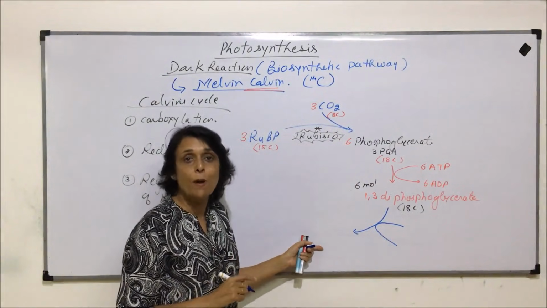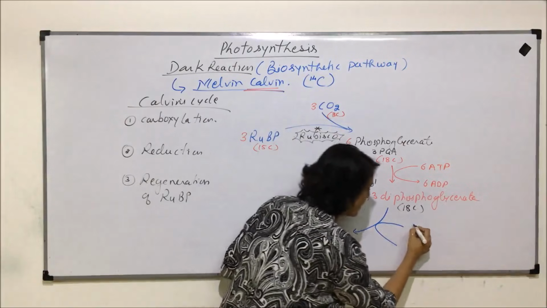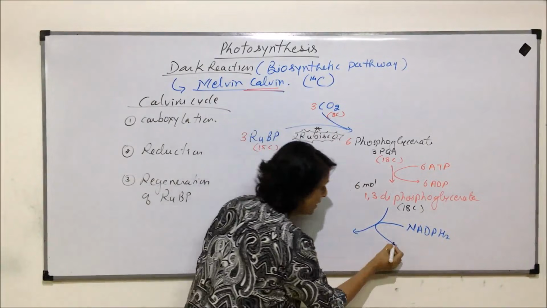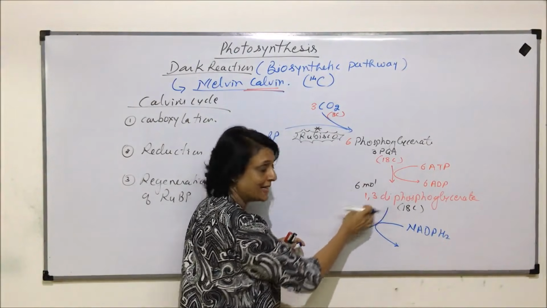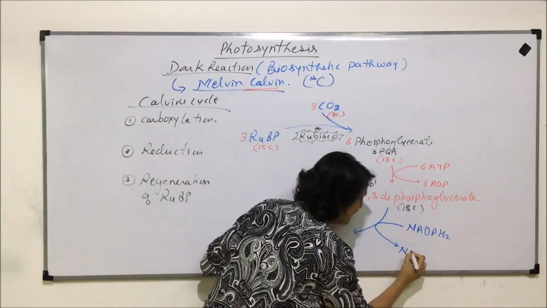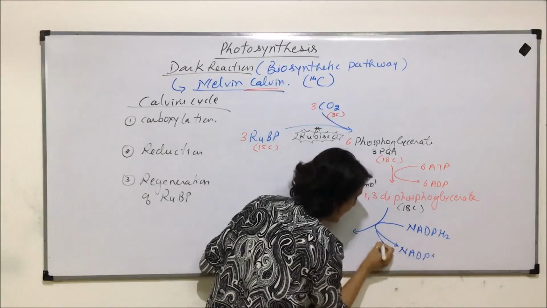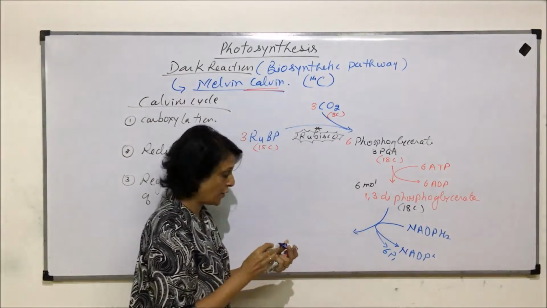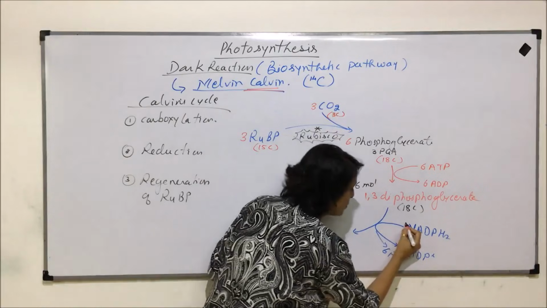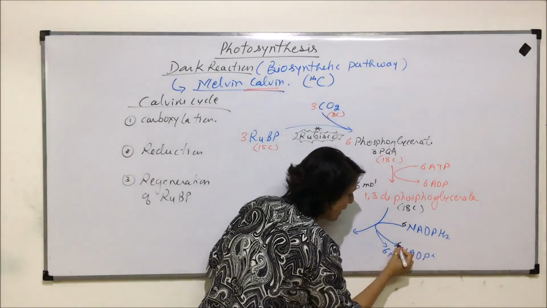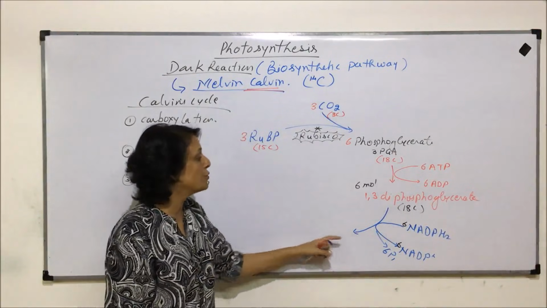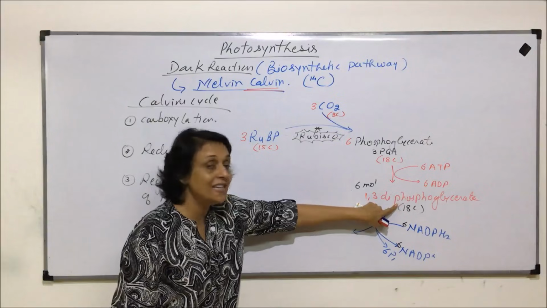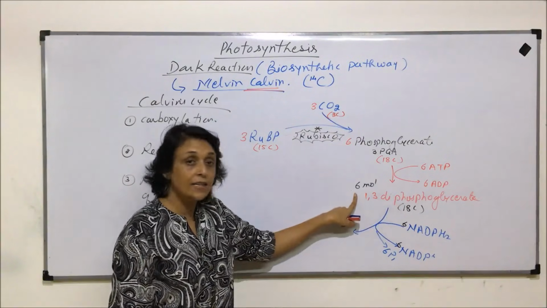So the reducing power which was synthesized during light reaction, that is NADPH2, will reduce the acid into aldehyde and we will get NADP, and 6 inorganic phosphates will be released. So 6 of these NADPH2 will be required. 6 NADP will be produced here.